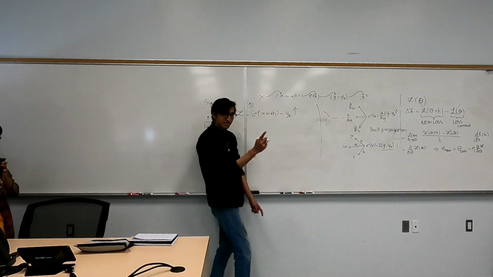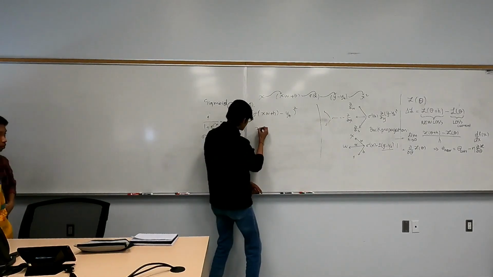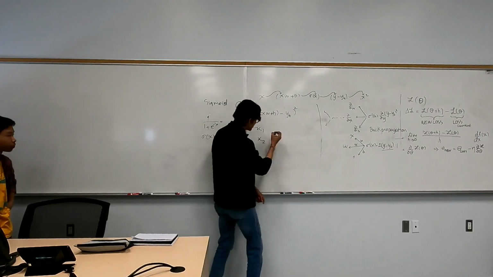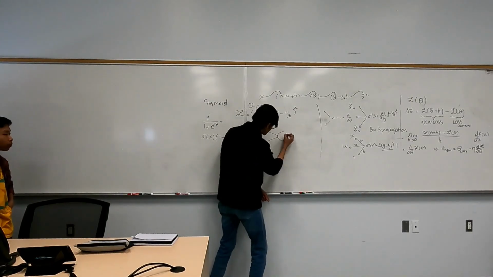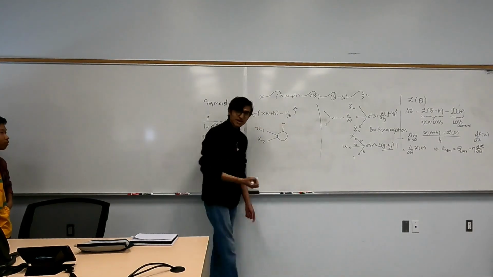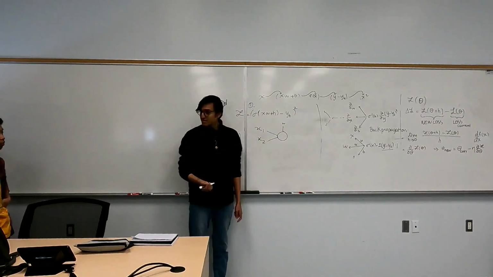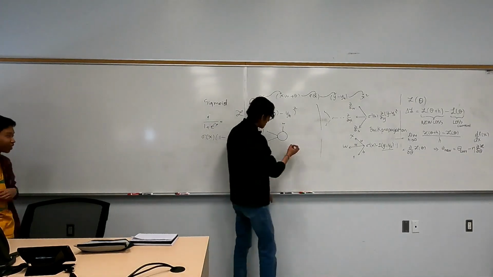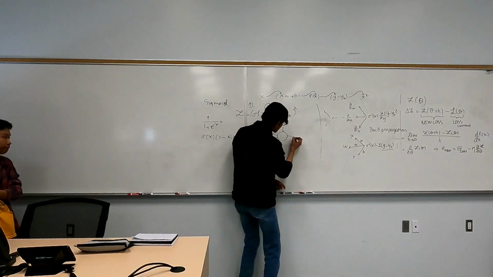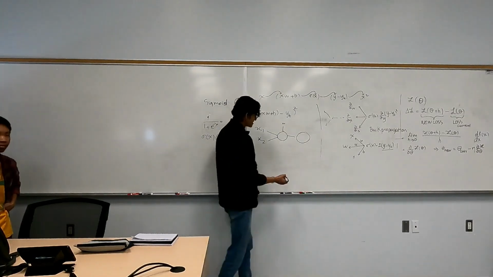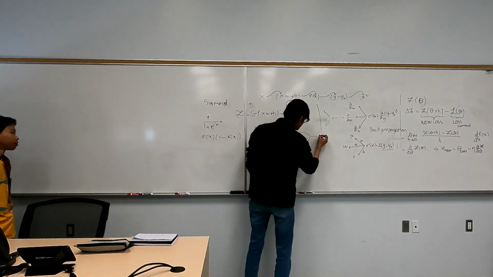So if now you have two inputs going into one neuron with some bias, and that goes into another neuron, and that gives you your output.